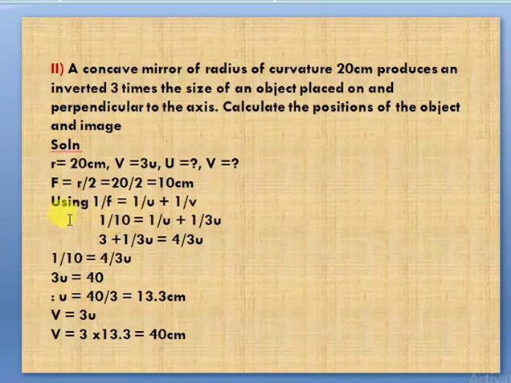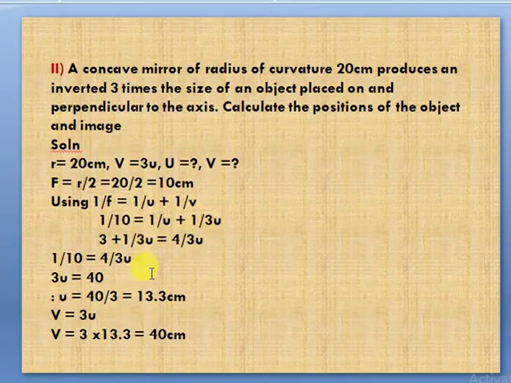Now we go over to the mirror formula. 1 over F is equal to 1 over U plus 1 over V. Let's substitute. 1 over 10, 10 is my F, equals 1 over U plus 1 over V. Remember my V now is 3U. So 1 over 3U.